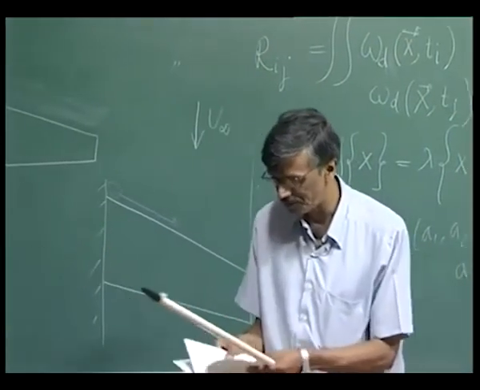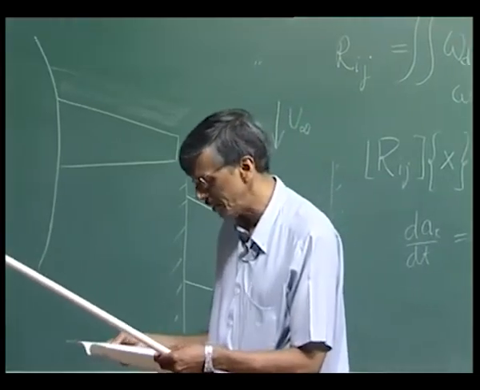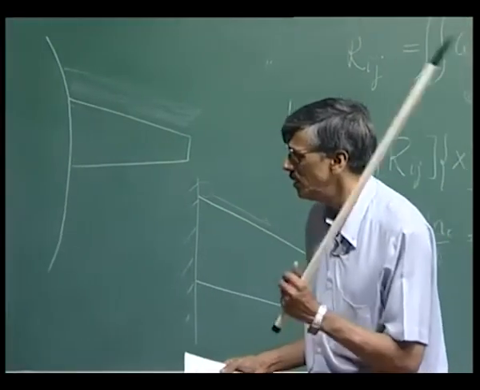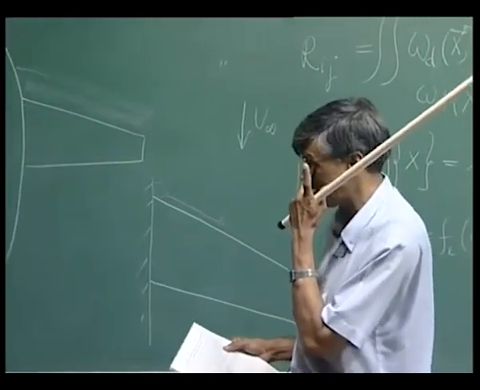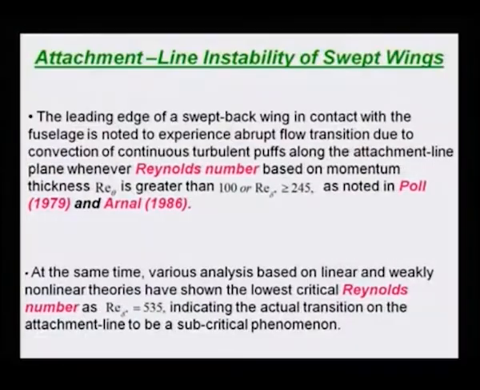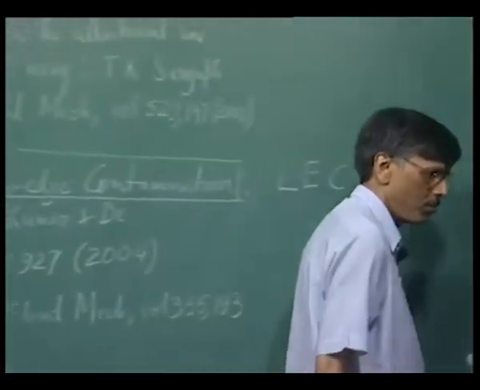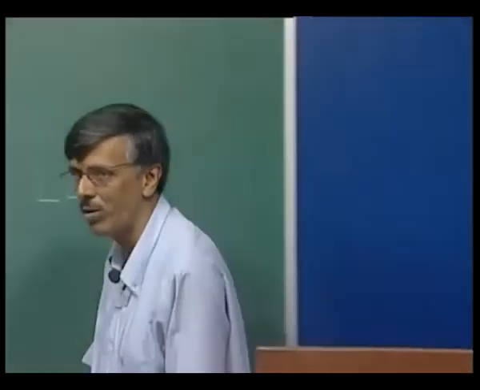Now, let me just tell you that this kind of subcritical phenomenon, we thought that we could explore it as a vortex induced instability, because this is a prime candidate, that is what we are talking about.